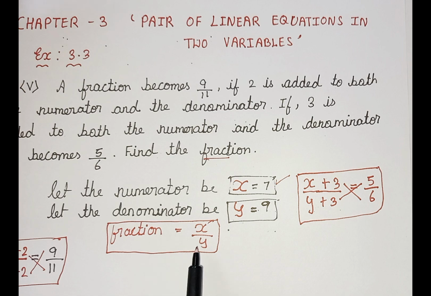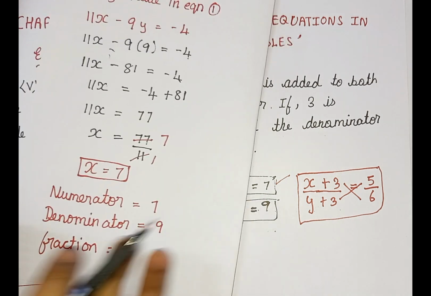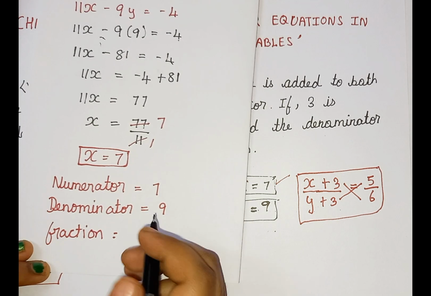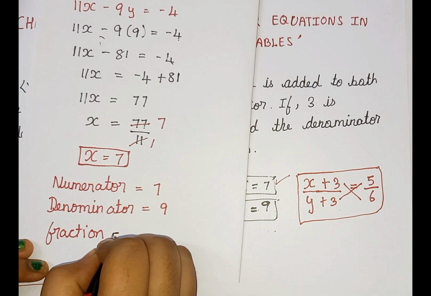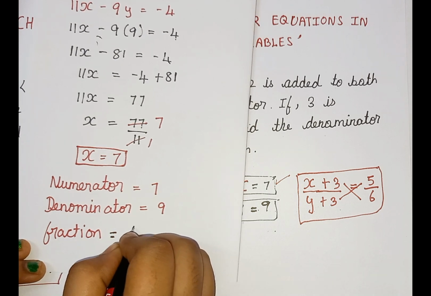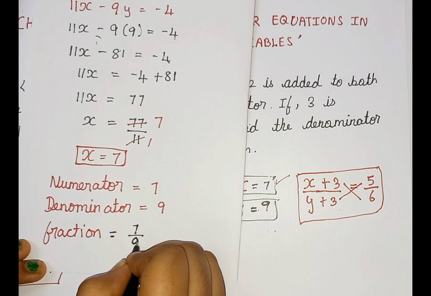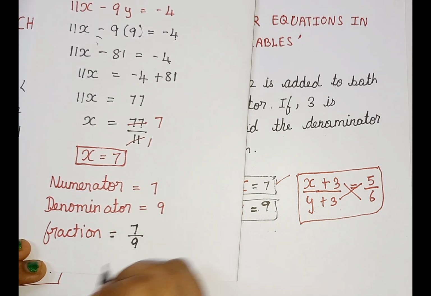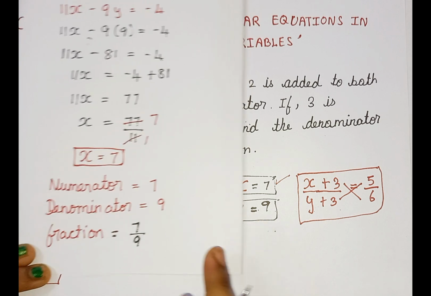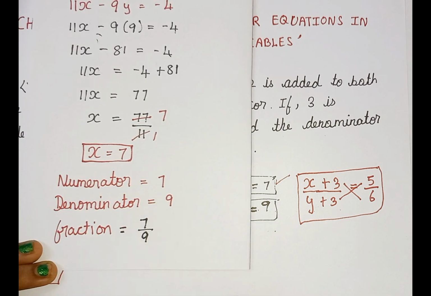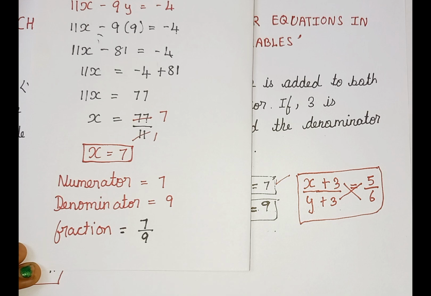Here we took the fraction as x by y. Since we know the numerator and the denominator, we can write the fraction, that is 7 by 9. So this is our answer. Write it separately like this, then only you can score the mark.